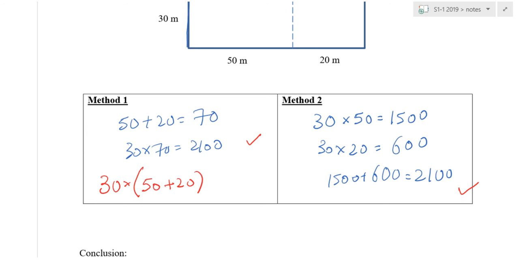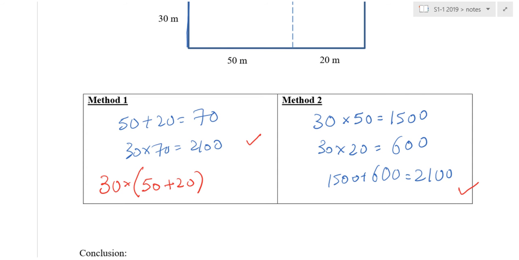Do you agree it's 30 times 50? So it seems like I need to take 30 times 50, right? And then plus 30 times 20, right? Then I will add these two together, like what I have done in method 2.